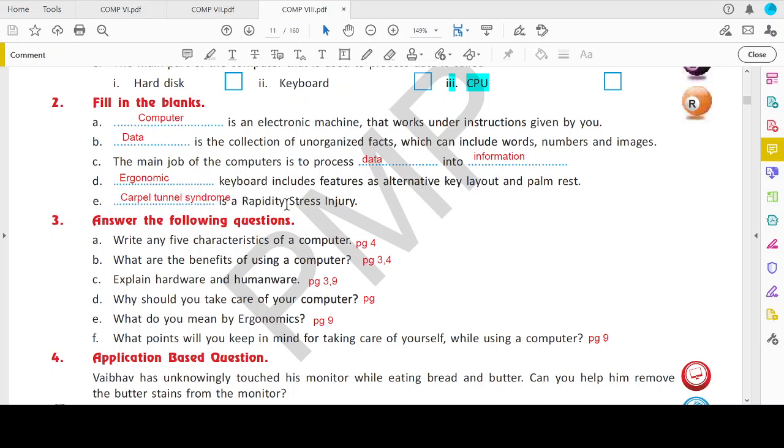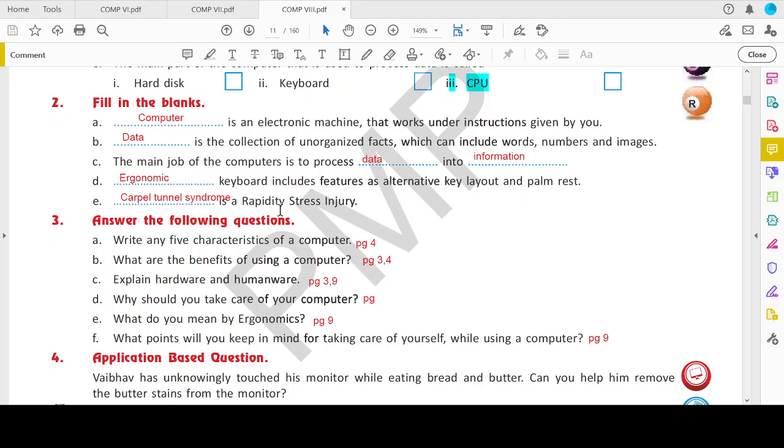Next is dash is a rapidity stress injury. Carpal tunnel syndrome is a rapidity stress injury. And what is rapidity stress? From the name you can well understand that rapidity, we human beings always try to do things more rapidly than we actually can.